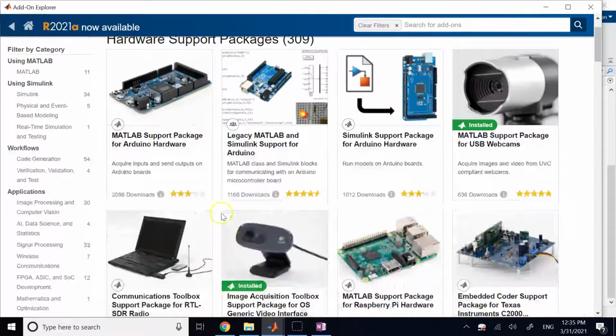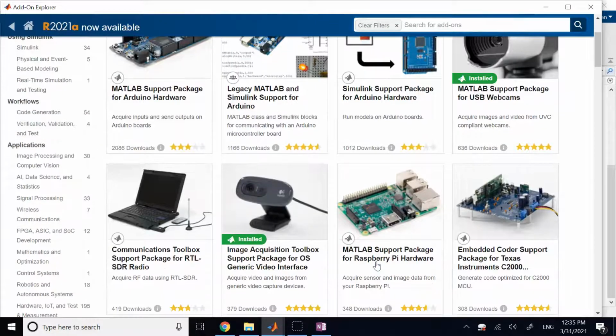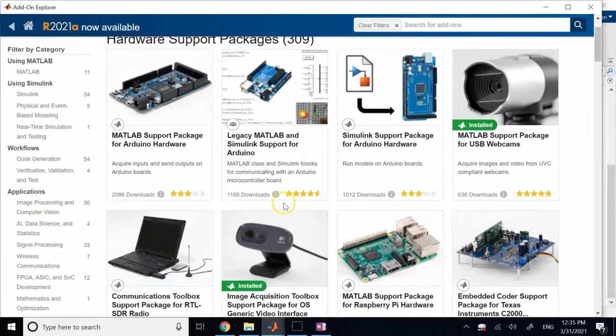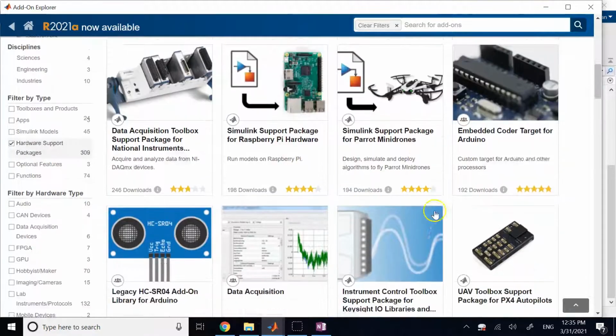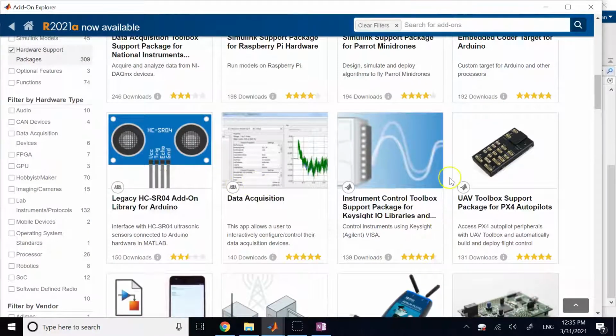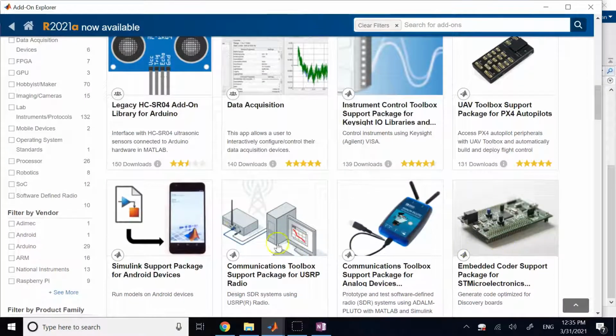You can work with the Raspberry Pi. You can work with other types of hardware. You can communicate with USB webcams, okay? With Lego EV3s. You can work with Parrot mini drones. You can work with some of the stuff from National Instruments. You can work with the BeagleBone. You can work with several types of sensors and actuators, okay?